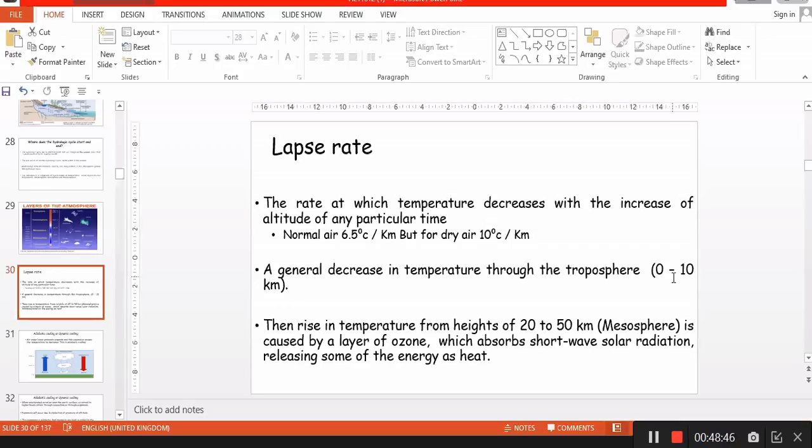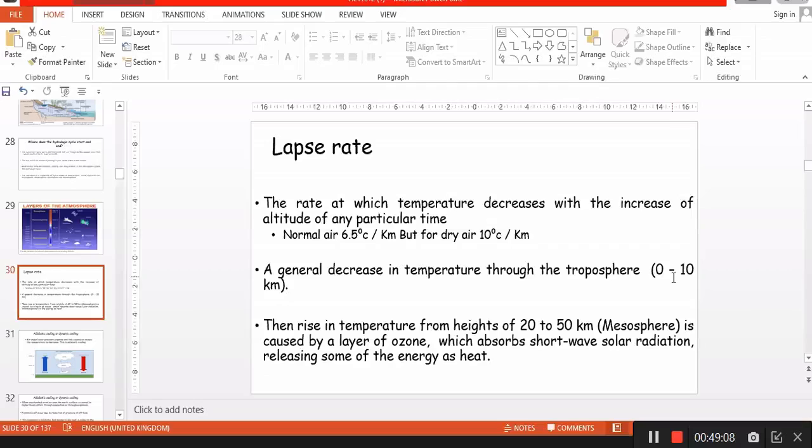You understood? Yes or no? Yes, sir. To develop that O3 layer, we need O dot, that is an oxygen radical, developed by the breakage of O2 molecules. We will see that chemistry later.